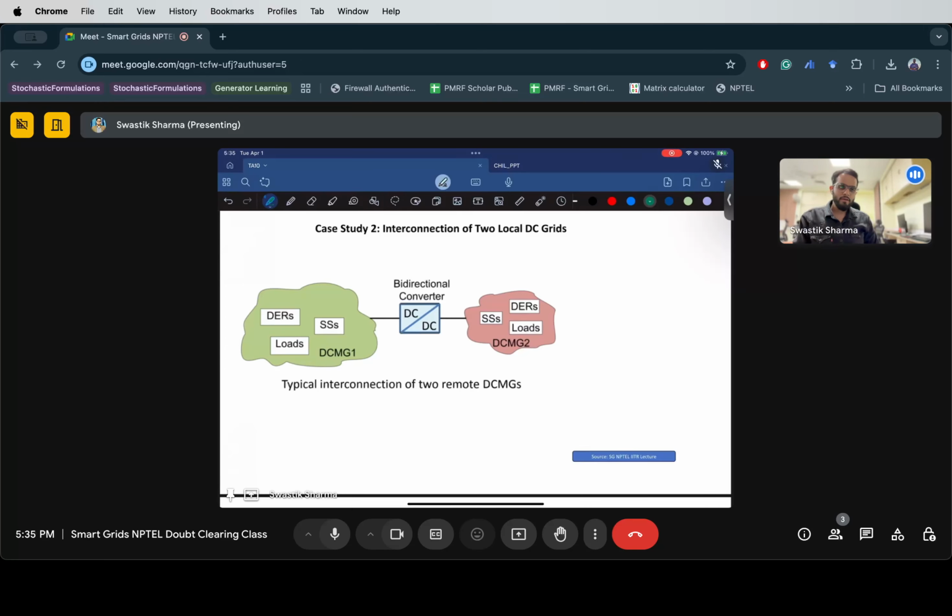A DC microgrid in itself is able to use the distributed energy resources and the storage elements to provide power to the loads while being connected to the grid or not, right? But when we have two DC microgrids in close proximity, we can have an interconnection.